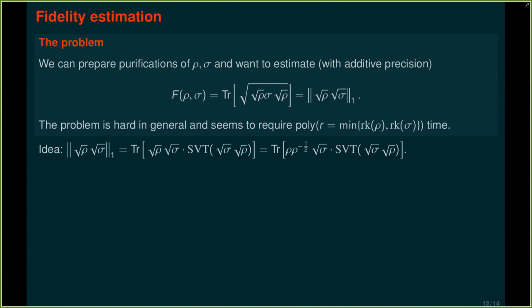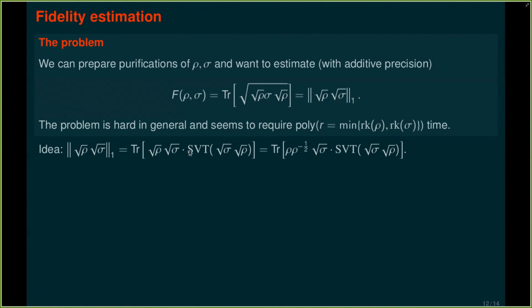So basically applying these unitaries in the singular value decomposition transforms this one norm to a trace, and the trace is something that we can usually estimate in quantum algorithms, so that's a much nicer formalization.